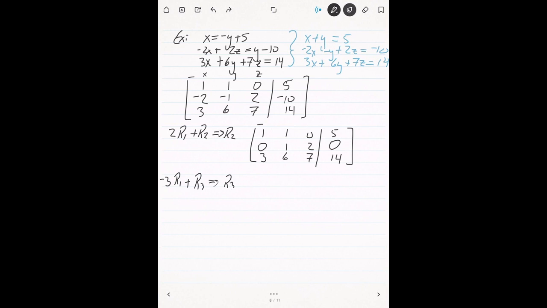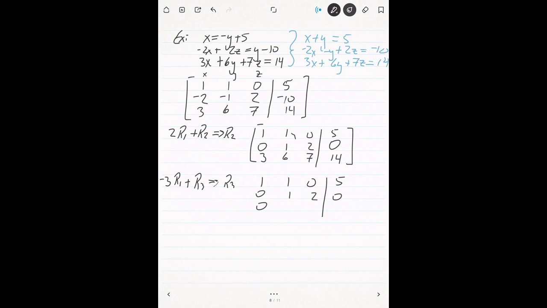So let's go ahead and say that the first row and the second row won't change, but the third row will. So let's take 1 times negative 3 and add that to 3. So it's negative 3 plus 3, so that's a 0, just like I wanted. That cancels out.